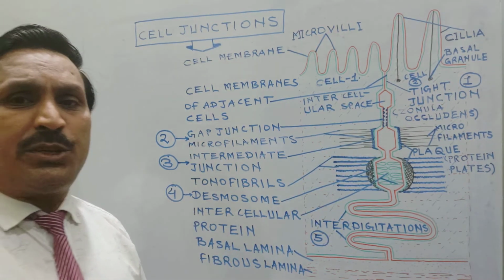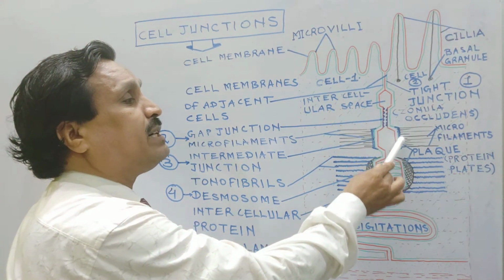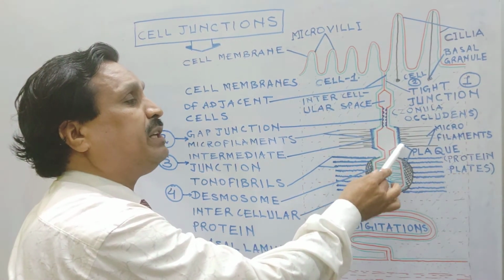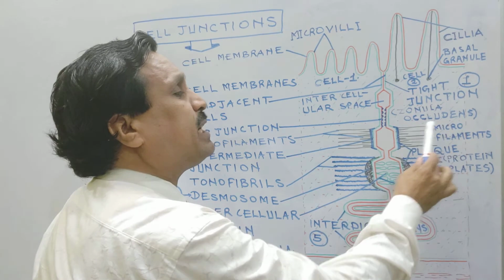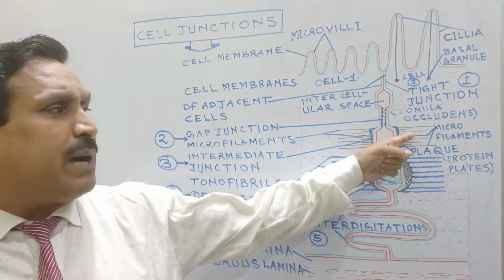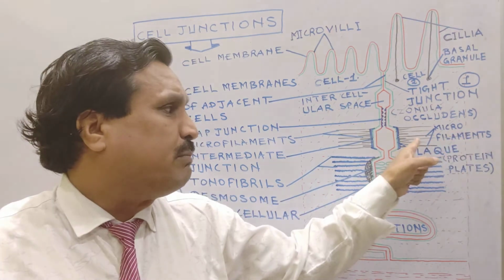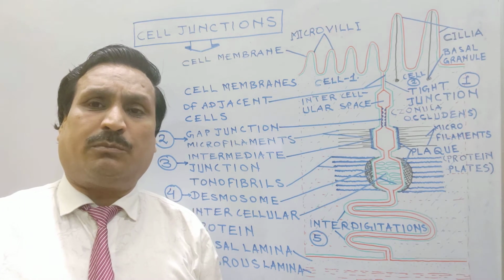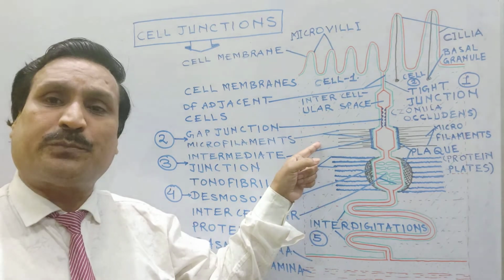Third important thing that you are visualizing clearly here, that from this belt-like thickening of protein, or from this protein plate, many fibrils are produced. These fibrils are microfilaments. Do you know what protein forms these microfilaments of intermediate junctions?